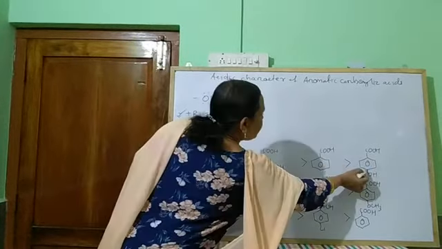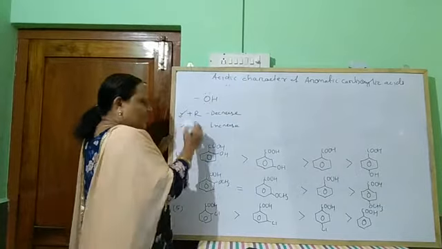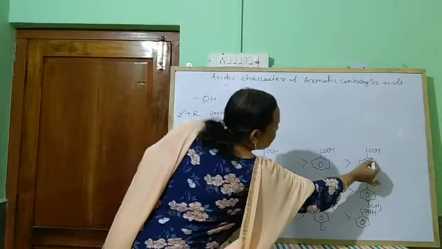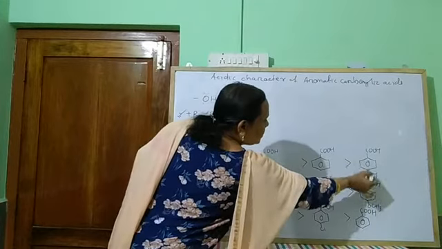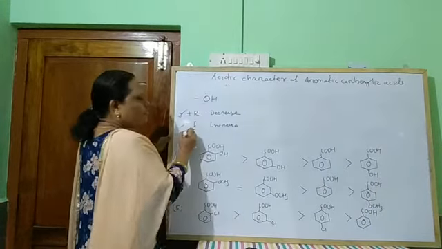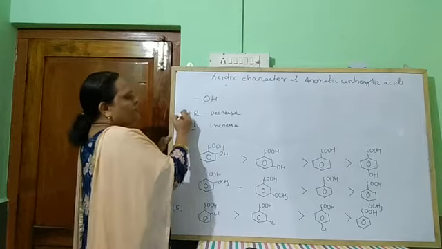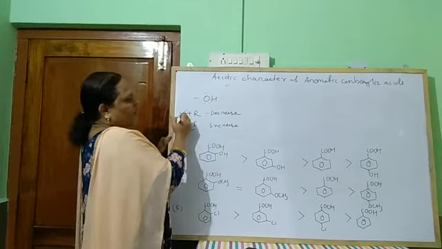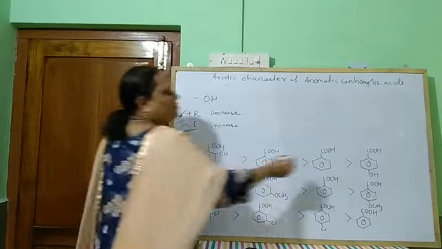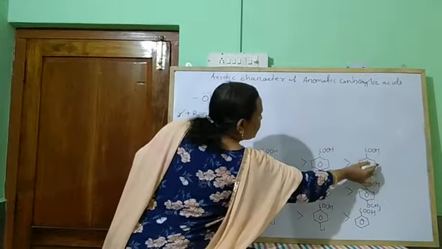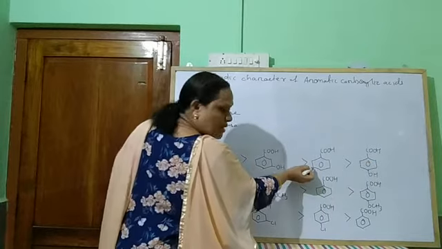At para position, the OH group has less minus I effect because the inductive effect decreases with distance. The inductive effect is less effective here, but the resonance effect, plus R effect, is more effective. In this way, plus R decreases acidity, hence para-hydroxybenzoic acid is weaker as compared to benzoic acid.